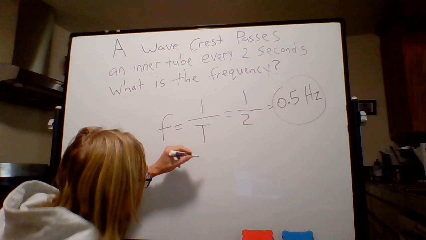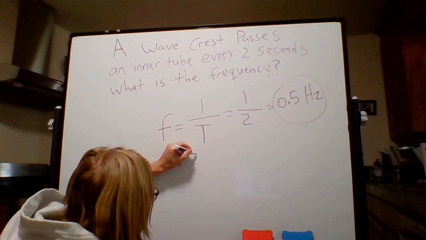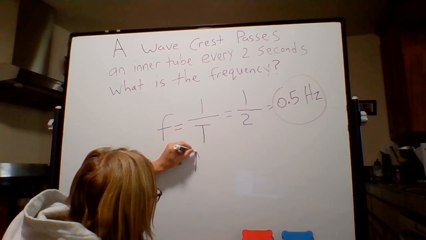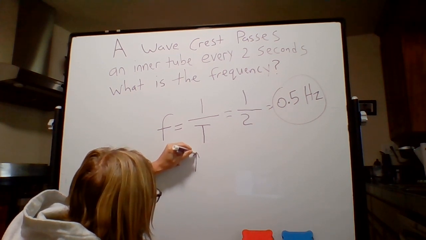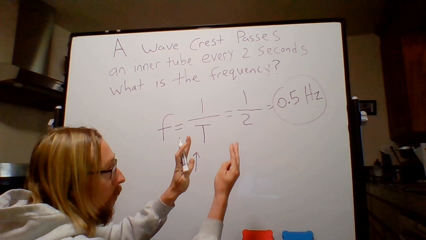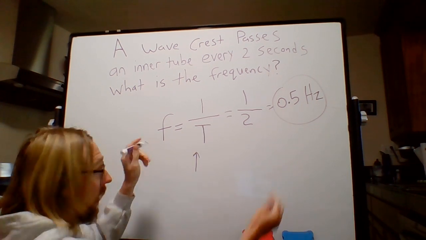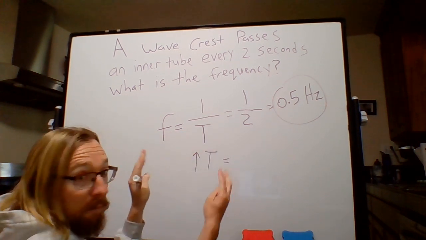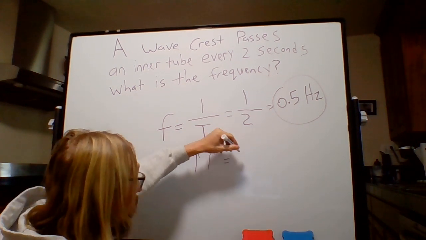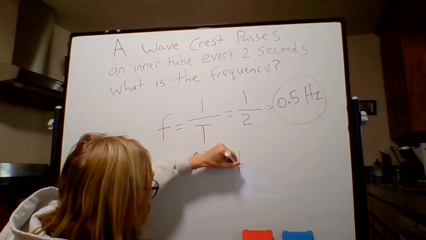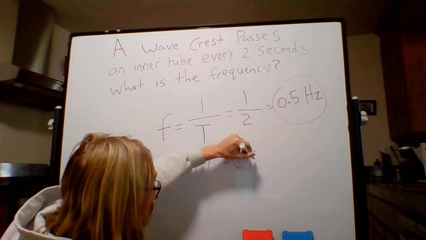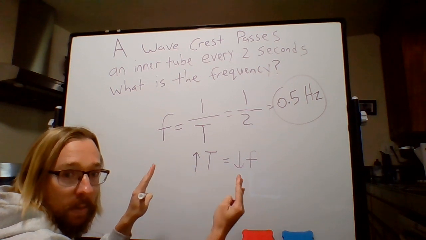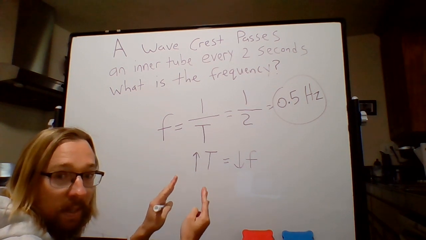So if the period increases, if the amount of time that it takes for the crest of a wave to travel one wavelength increases, that means that the frequency decreases. So an inverse relationship. If one goes up, the other goes down. Period increases, frequency decreases.